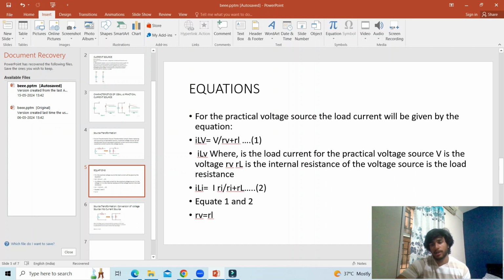When we equate equations 1 and 2, we find the sources identical. When simplified, we get RV = RI, which means the resistance connected in series with the practical voltage source is equal to the resistance connected in parallel for the practical current source, which is equivalent.